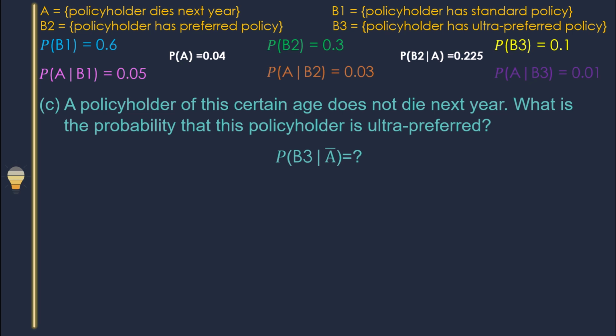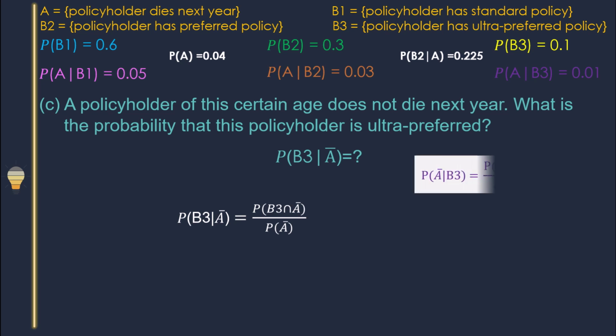Let me start from the conditional probability. This is a conditional probability, so I start from this. The probability of B3 given A complement equals the probability of B3 intersection A complement divided by the probability of A complement. Then what is the next?